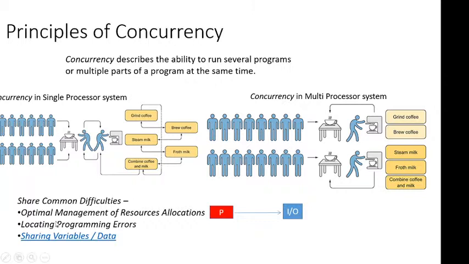One is optimal management of resource allocation. What is the primary job of an operating system? The operating system allocates resources like CPU, memory, input, output, and files. All of these resources it must allocate in an optimal manner to all the requests, to all the processes that need them.